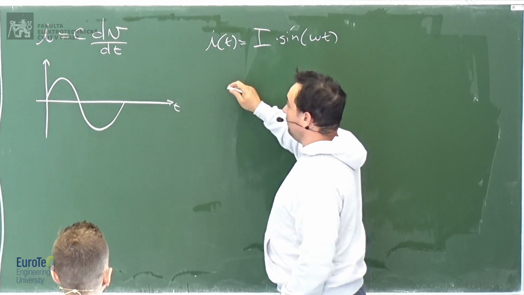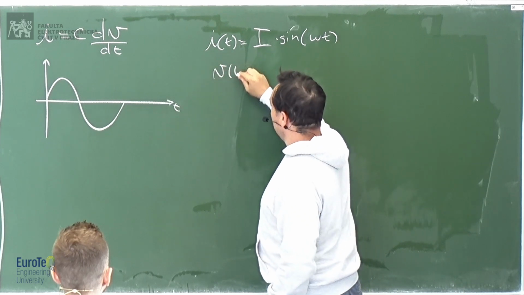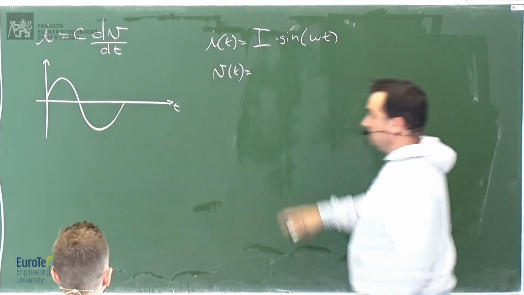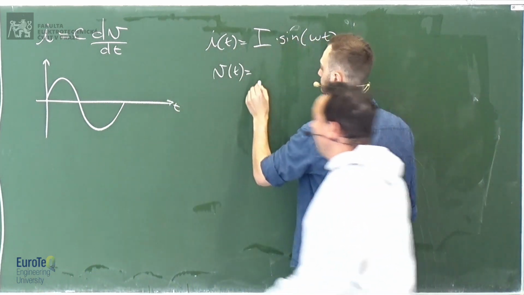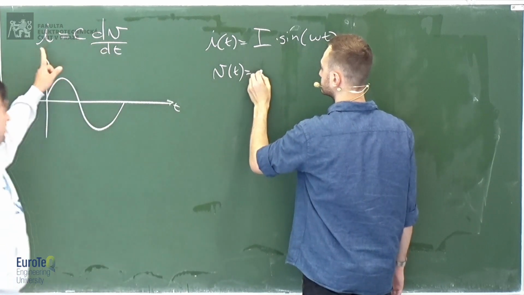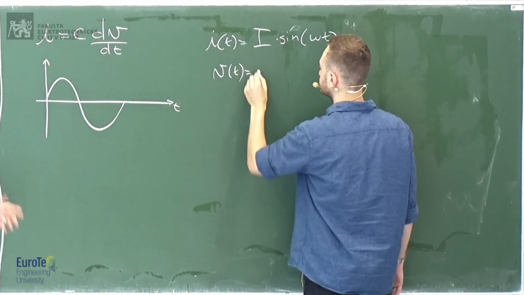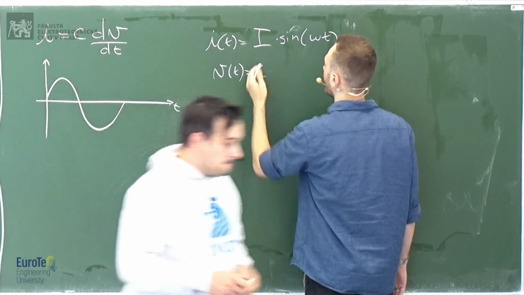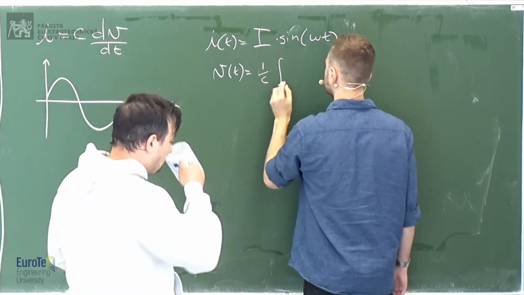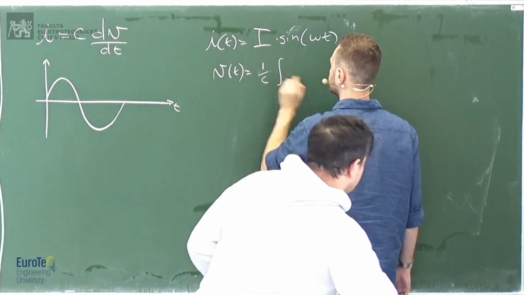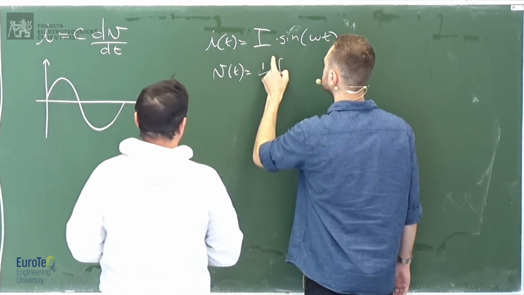Then the voltage will be, can you try to write it from that equation? If the current is the derivative of the voltage, the voltage will be the integral of the current, which makes sense because the voltage is the result of how much current you pump in.